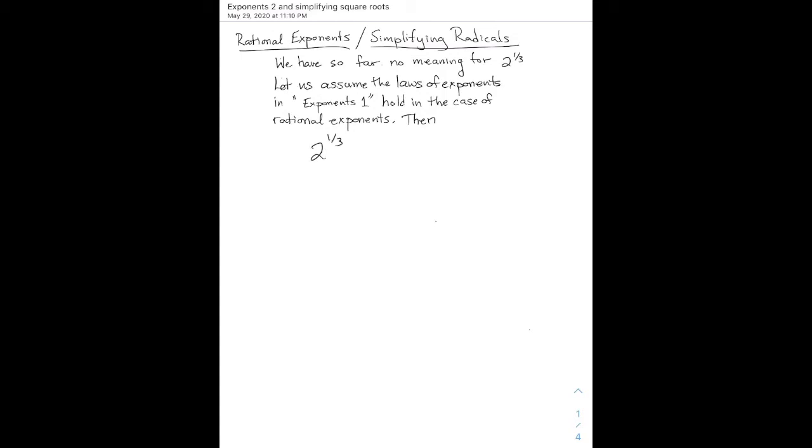So we want to know what 2 to the 1/3 means. But we want to define it so that the regular rules of exponents work. So in particular, if we take the cube of that, we should multiply the exponents, but 1/3 times 3 is just 1, so we should get 2.